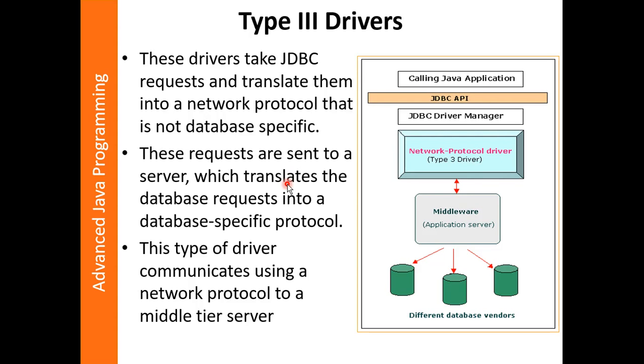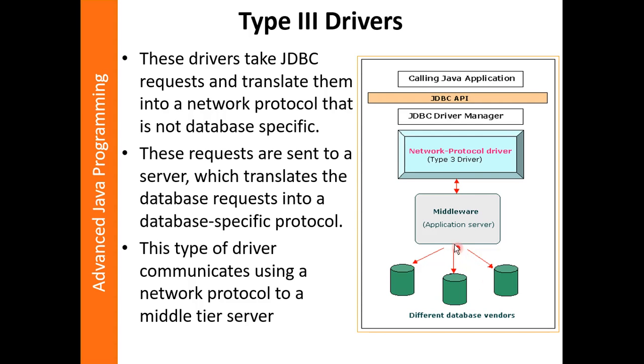Next we have the third type of driver, which is a network protocol driver. This network protocol driver does not directly convert our JDBC calls. It uses a middleware, which is an application server. This middleware is placed between the calling program and the database.